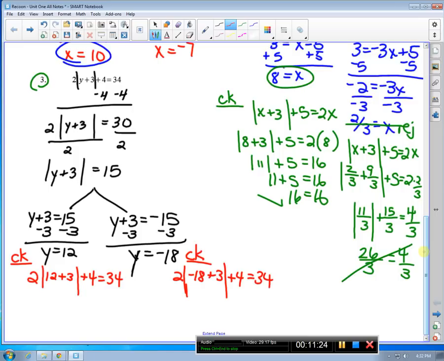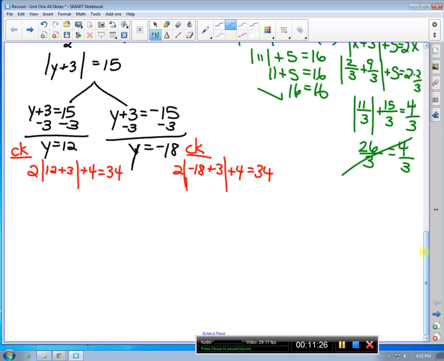Okay. So the absolute value becomes 15. That's 2 times 15, which is 30 plus 4, and I think you can see that one is working out nicely.